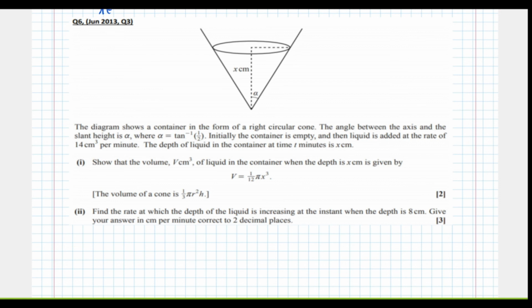So a 12th pi x cubed. Now this is the key here. Alpha is arctan of a half. That means that tan alpha equals a half, i.e. opposite over adjacent is a half. So the ratio of that side to that side is 1 to 2, a half.